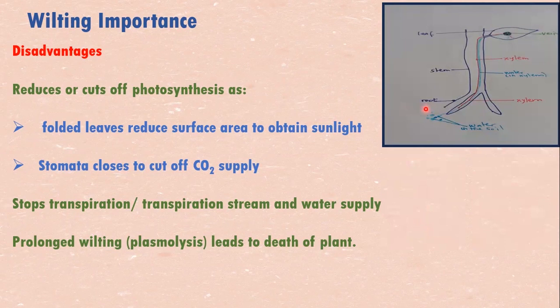You see, when there's water in the soil, the roots absorb the water, it goes into the xylem of the roots, is pulled through the xylem of the stem, it goes into the xylem of the leaf, that's the petiole and the vein, and the water evaporates out.